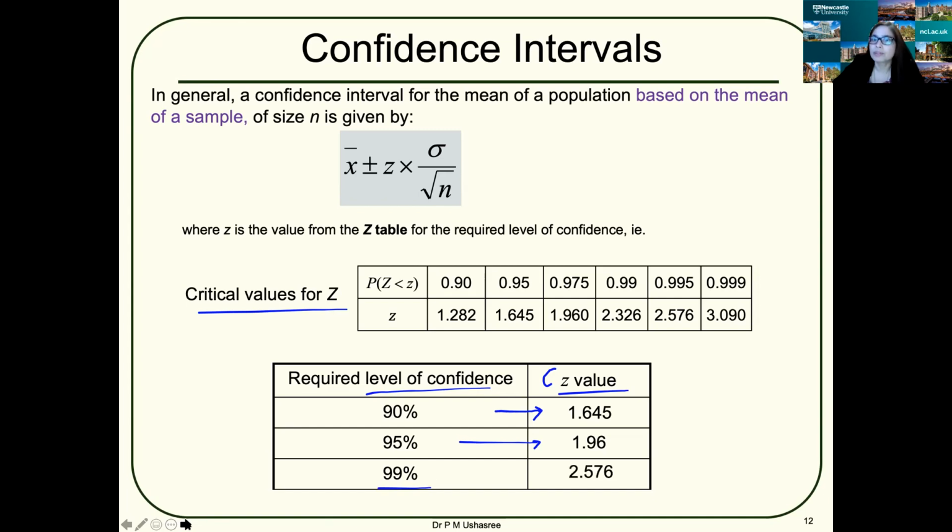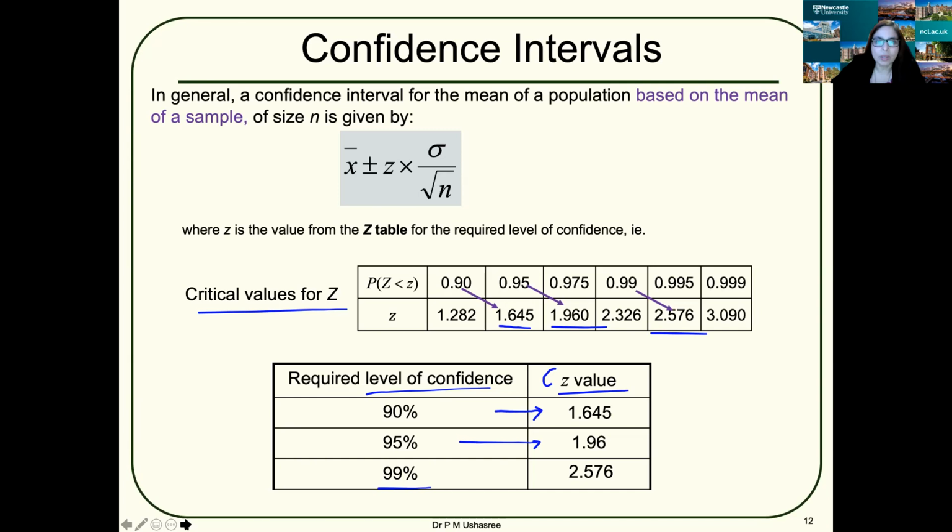Good, 2.576. So what you can see clearly is that for 90%, the critical value for Z is 1.645. For 95%, it is 1.96. For 99%, it is 2.576. Directly below that is the Z value. The diagonal value is the critical Z value.